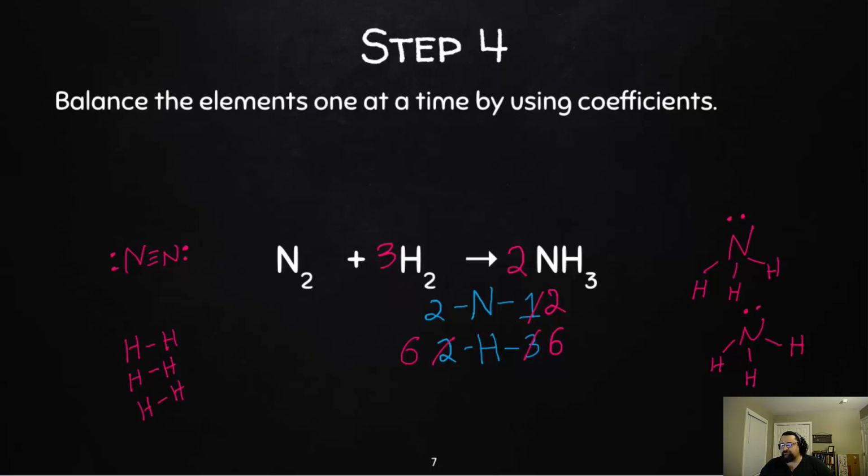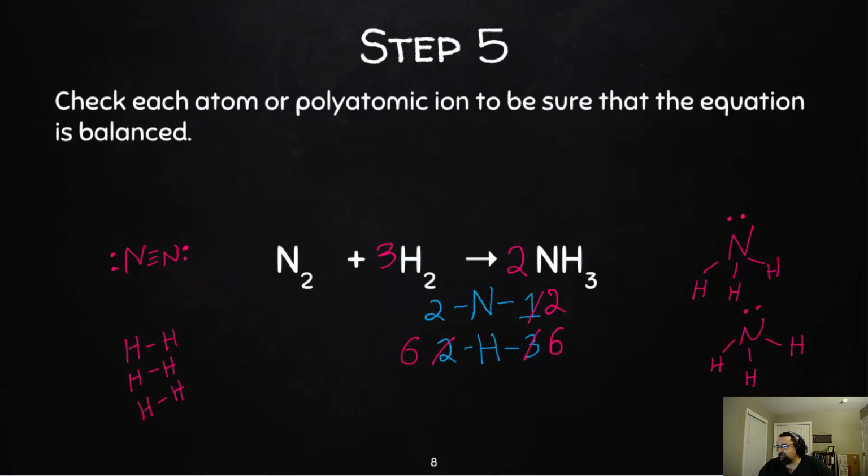So there's 2 more steps to just kind of wrap it up. All right. So step 5 says that you're going to check each. You're going to double check. That's all. You're going to ignore this stuff that you have here, and you're going to do a quick double check. Well, how many nitrogen do I have on each side?